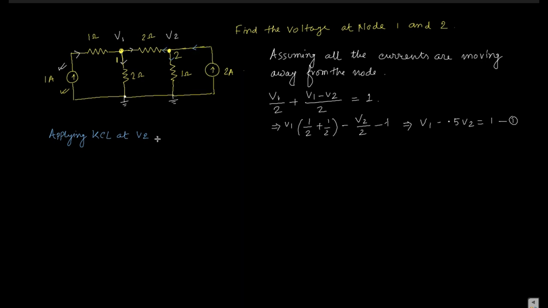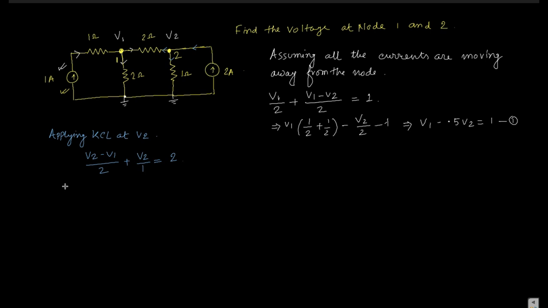So these two are additive and this is subtractive. So you can write V2 minus V1 by 2 plus V2 by 1 is equal to 2.